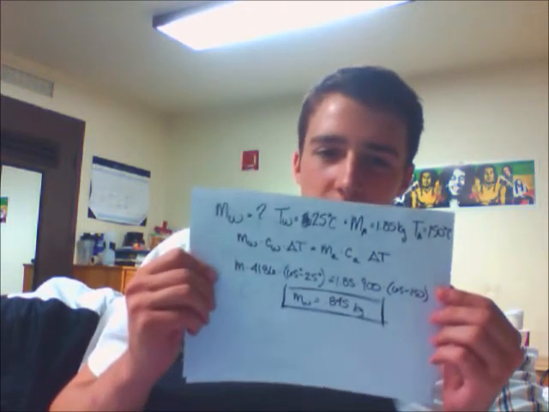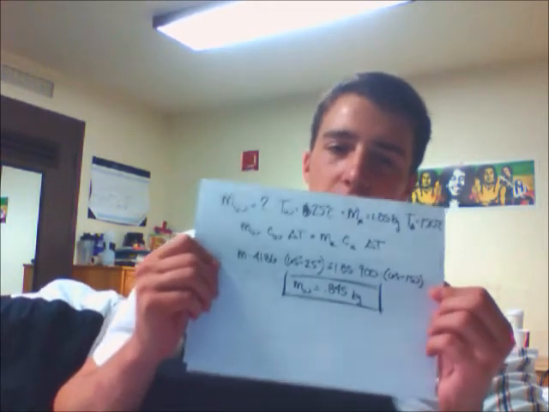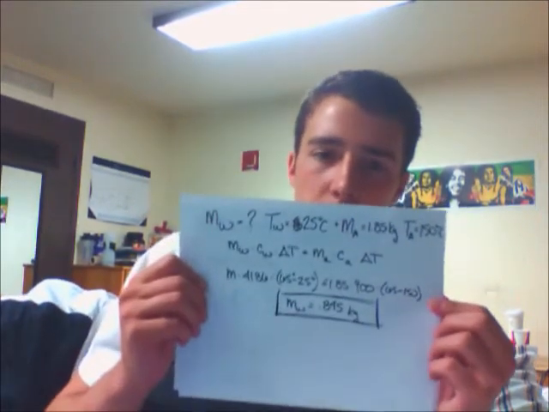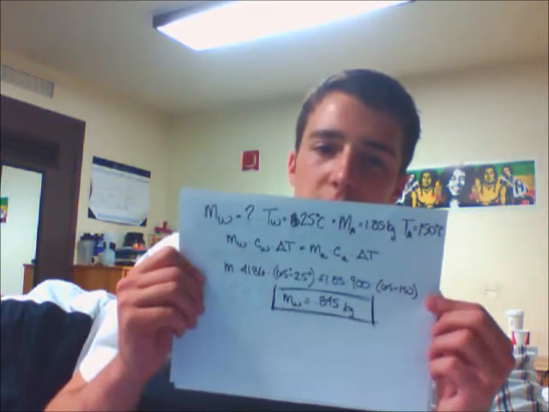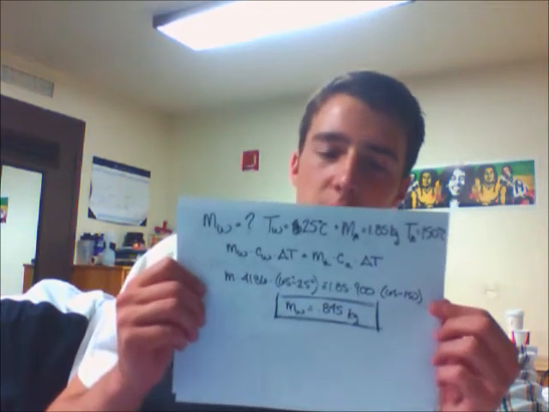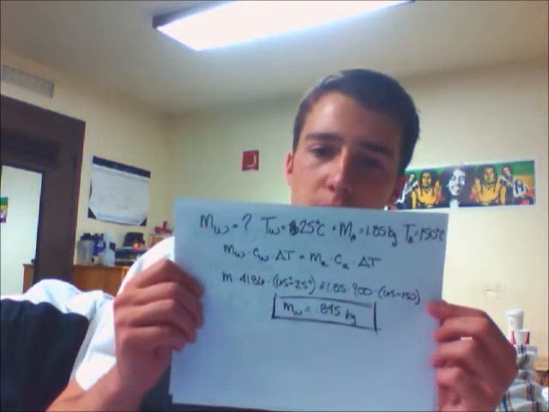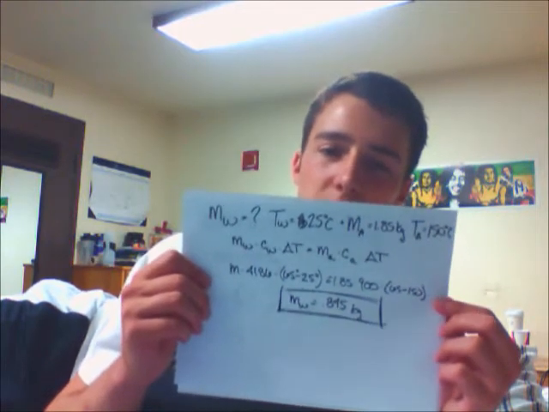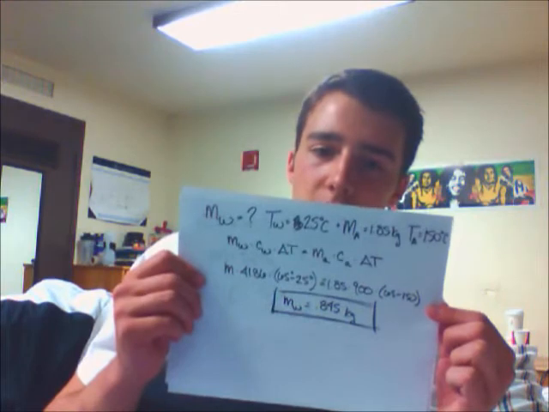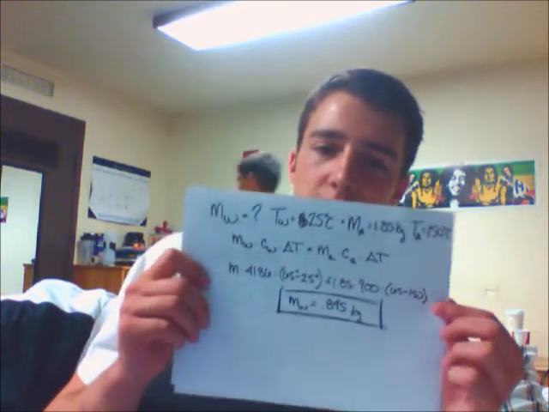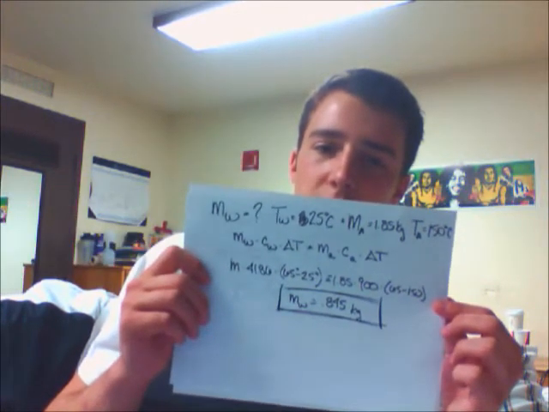In order to find the equation, we can first use the variables given. We're looking for the mass of the water. We know the temperature of the water is 25 degrees Celsius, and we know the mass of aluminum is 1.85 kilograms, and the temperature of aluminum is at 150 degrees Celsius. Given these variables, we can set up two of the MCAT formulas equal to each other.